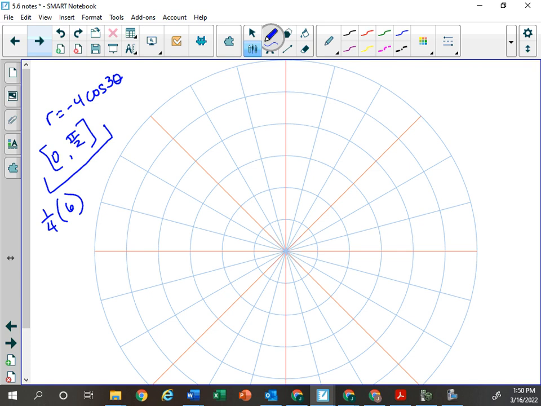Okay, cosine, you know that first petal happens when theta is 0, right? Because we know the maximum of cosine happens at 0. But where is that going to be on the graph this time? Your first point is over here because it's a -4. Are we okay with that? Do we see it? Okay.